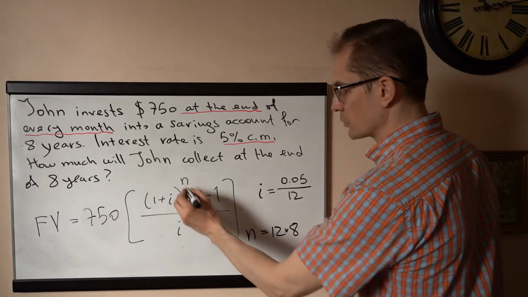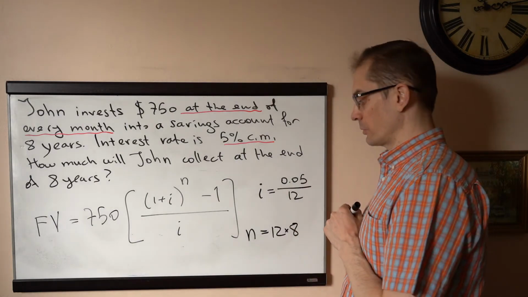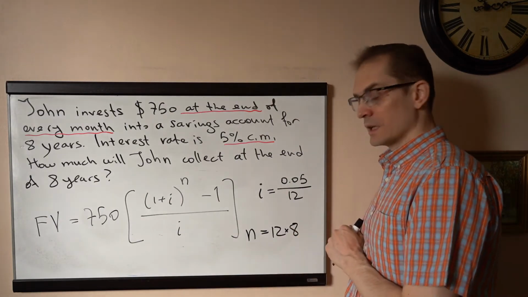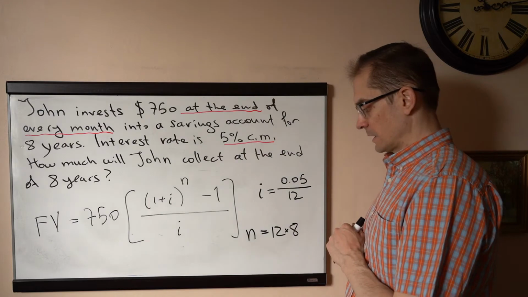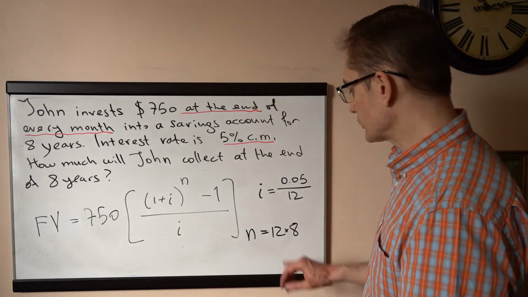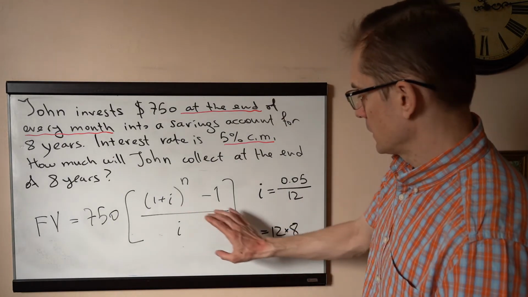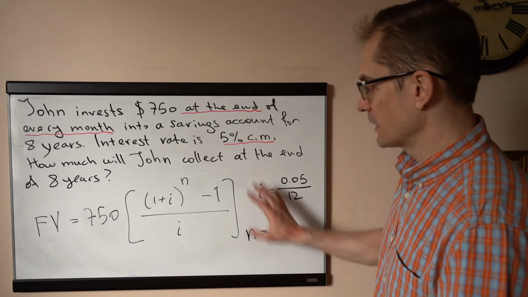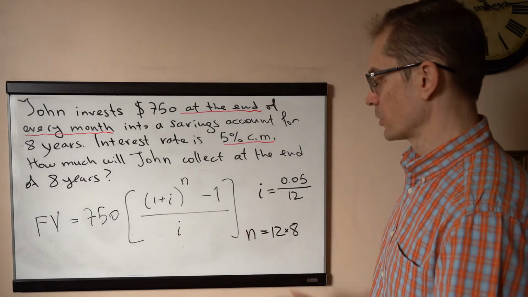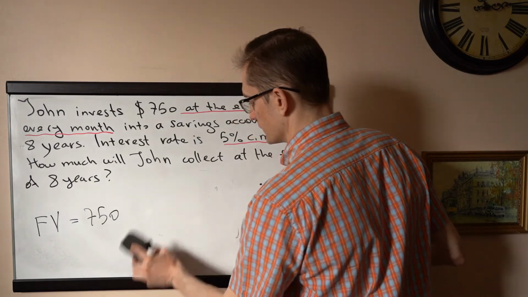So n is the total number of payments, 12 times 8, which is 96. Now let's put all this data into the formula and see how it looks.